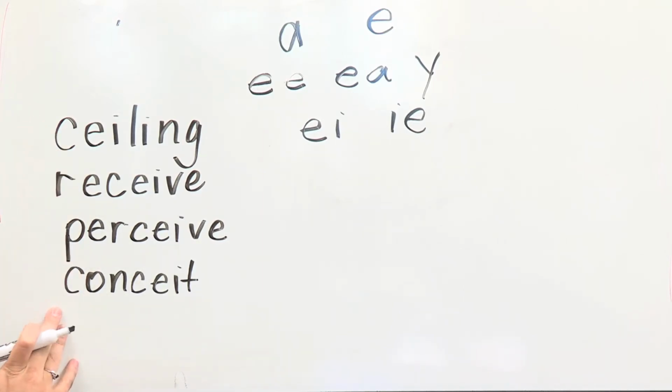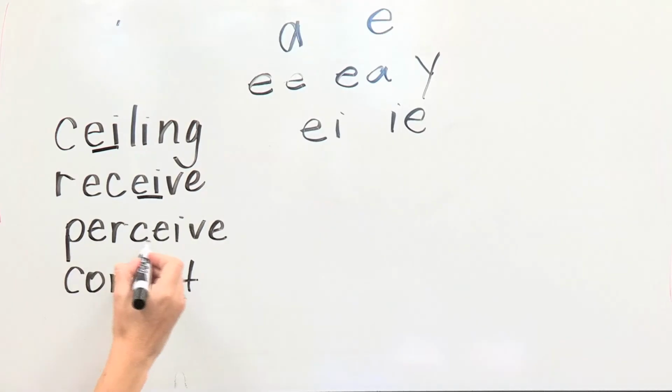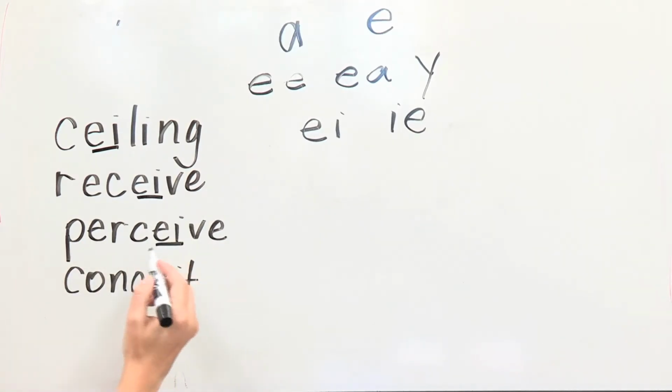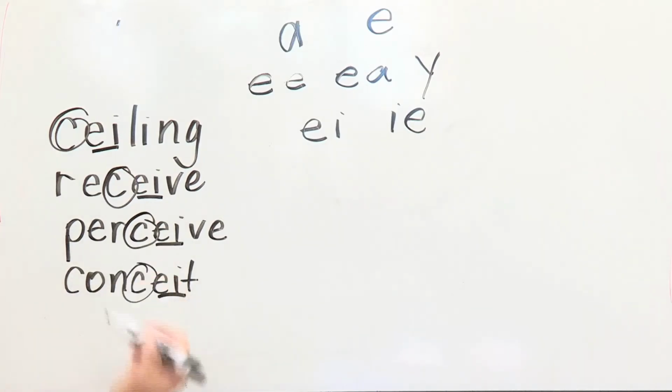You will not be teaching a kindergartner these words. These are definitely for your upper grade. But if we have our EI, if you notice, they're always followed by a C. So that is the rule that you can teach your kids.